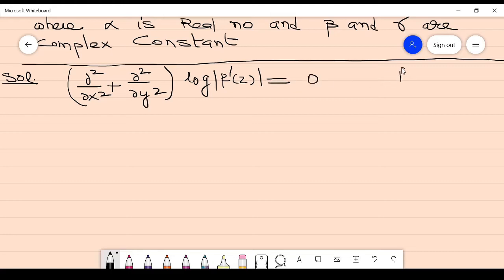So this is equation number 1, which we find from the previous question.